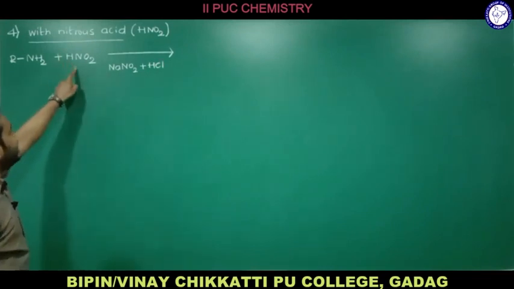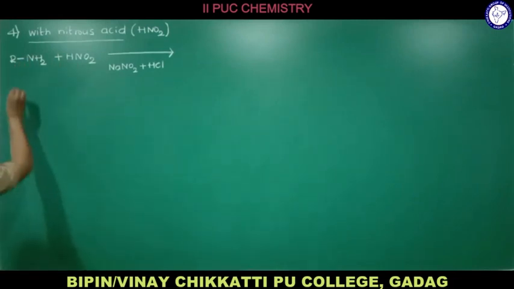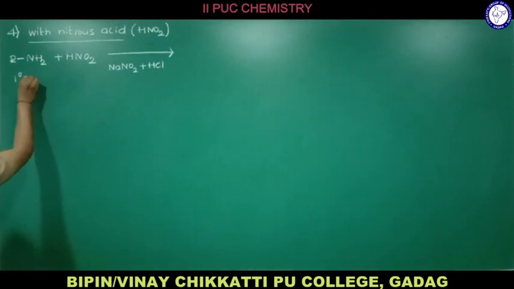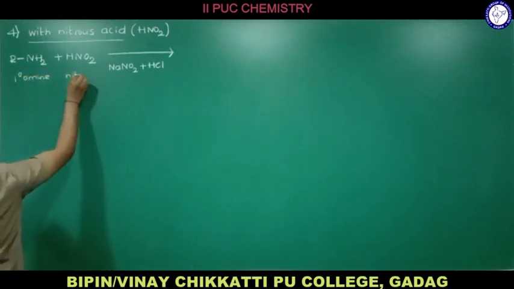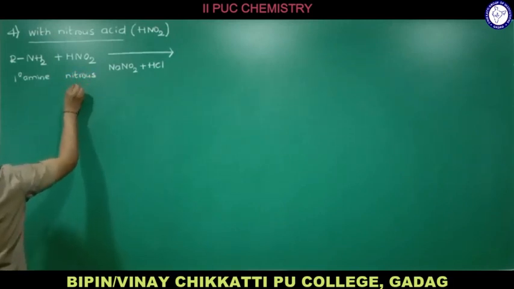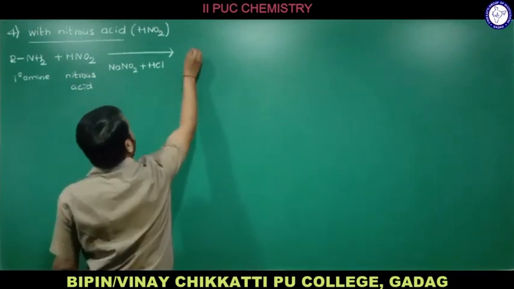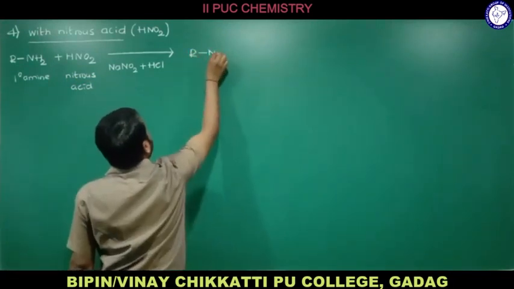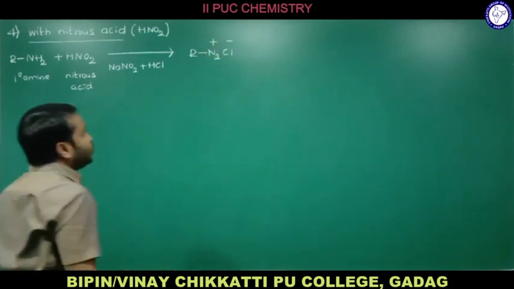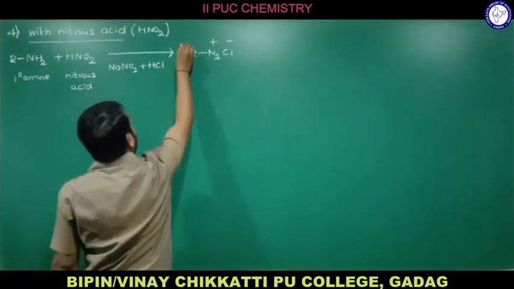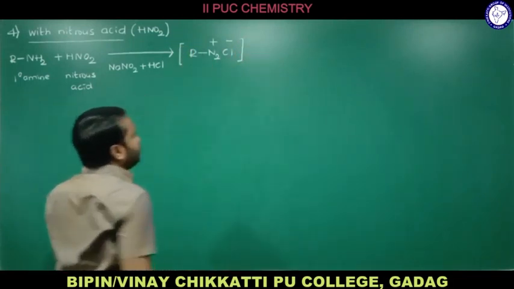When that nitrous acid reacts with the aliphatic primary amine, the kind of product we are going to get is, let me write over here, RN2Cl, with a plus over N2 and a minus over Cl, and this is highly unstable in nature, therefore I place it in brackets.